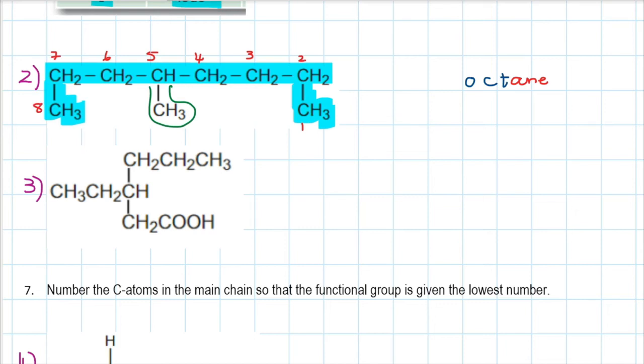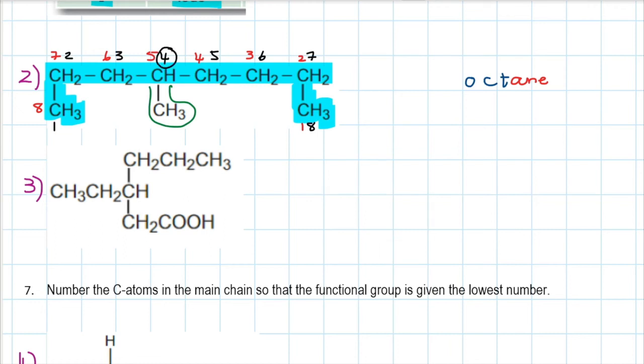And this means that the methyl group falls on carbon number 5. But if we instead number from the left-hand side, then we have carbon 1, 2, 3, 4, 5, 6, 7, and 8. And you can clearly see that now the methyl group falls on carbon number 4.